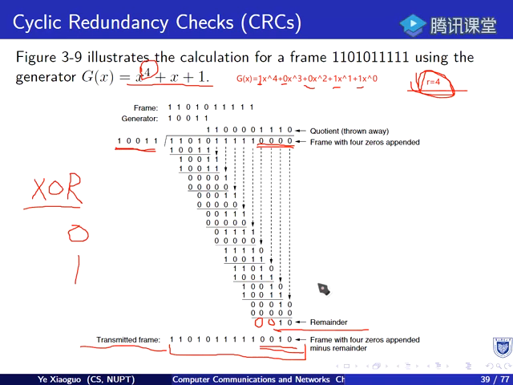So we must understand very well about CRC calculation. We should grasp the method to calculate the CRC remainder, to get the frame to be transmitted.